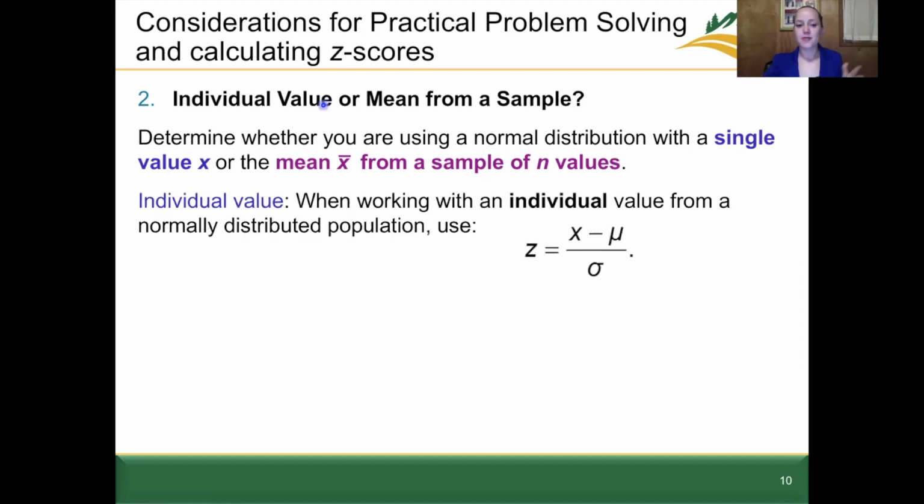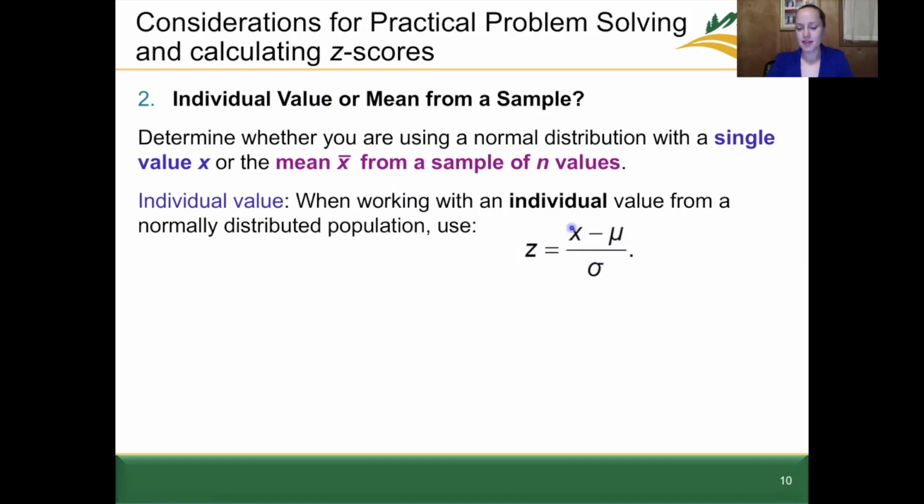If you're working with one individual value, then we're going to use this version of calculating the z-score, which you've seen before. When working with an individual value from a normally distributed population, we find the z-score by taking our x value minus the population mean over the population standard deviation.